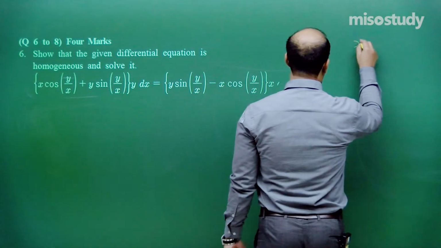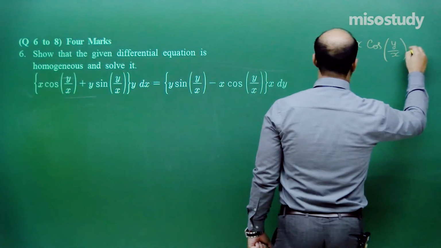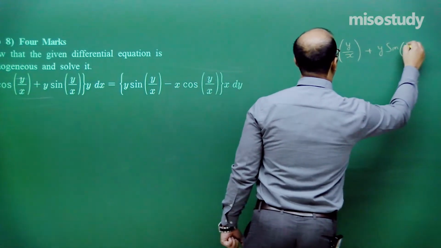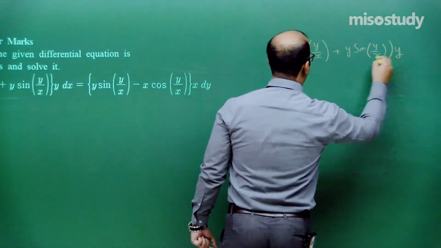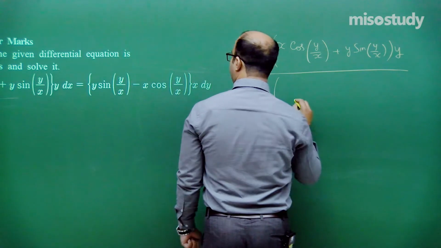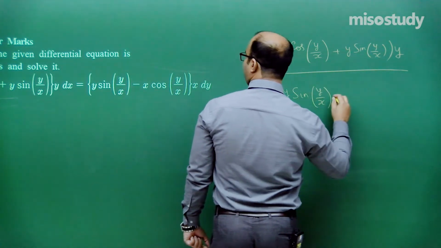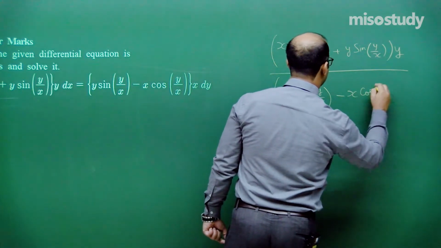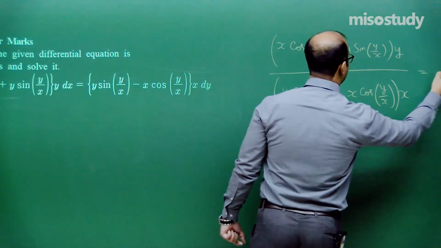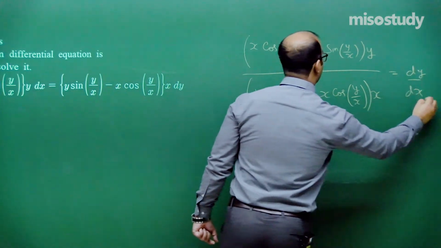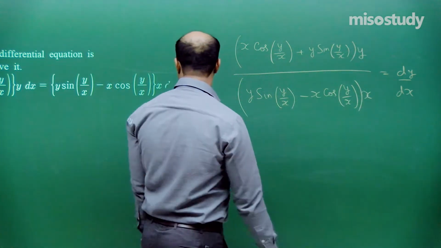So we can write that the given equation is actually x cos of y by x plus y sin of y by x, multiplied with y upon y sin of y by x minus x cos of y by x, into x, is equal to dy by dx. So we have just separated the terms and written it like this.